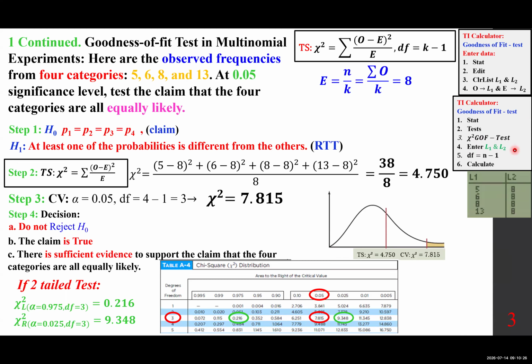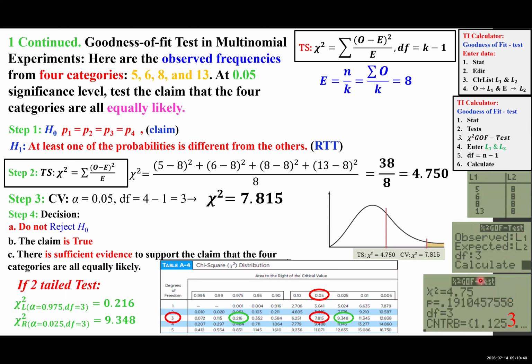So when you do that, this is L1, this is L2. Notice L2 is all 8s, observed is in L1, and expected is in L2. You're running the chi-squared test. Degrees of freedom is n minus 1, or 3. Now you do the calculation. What do we get? First and foremost, notice the test statistic is calculated for us.